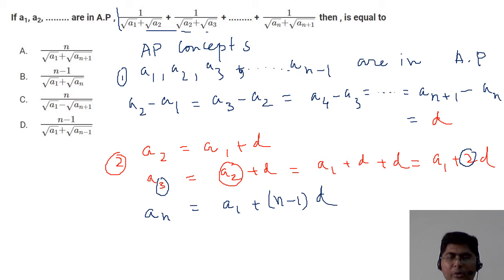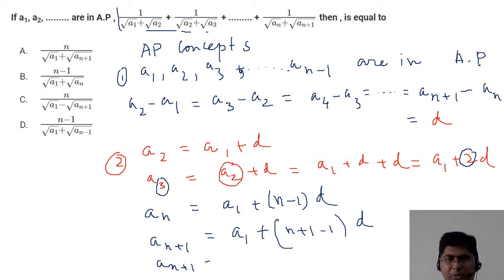Now, what will be the value of a(n+1)? Very simple. a1 plus, here is the n term, so that means n plus 1 will be there. (n plus 1 minus 1) into d. So a(n+1) is equal to a1 plus, look at n, 1 and 1 is cancelled, so it will be nd, which means a(n+1) minus a1 is equal to how much? nd.